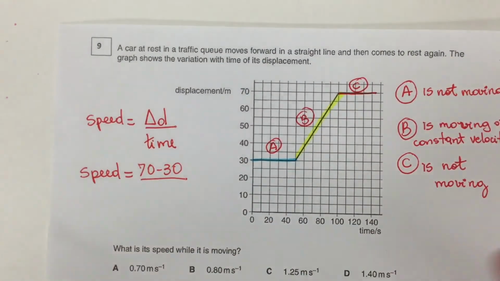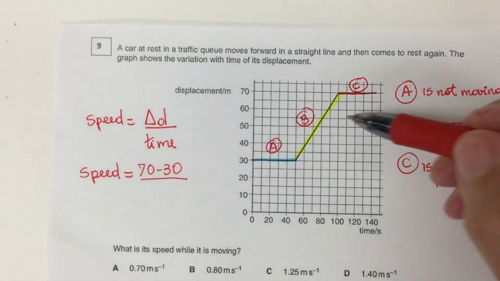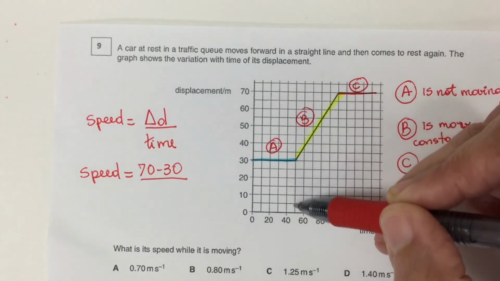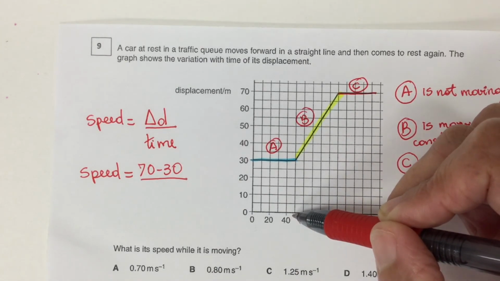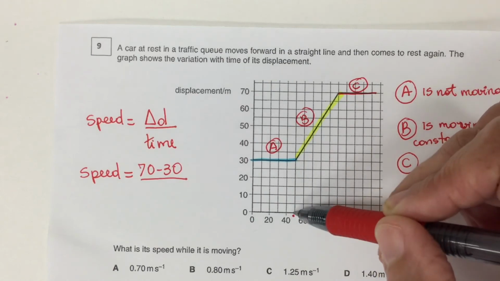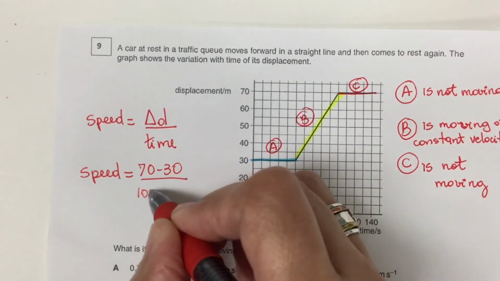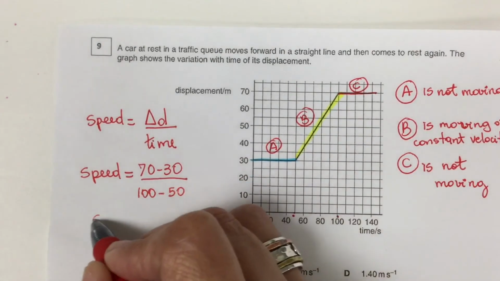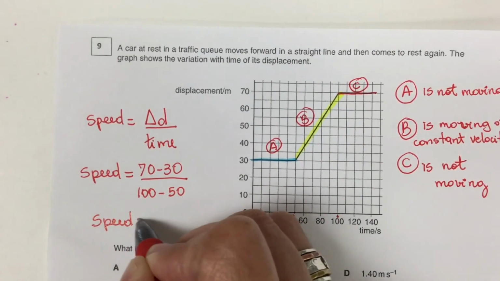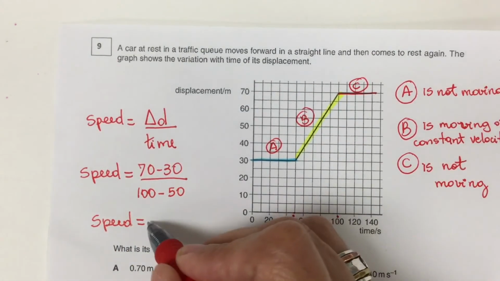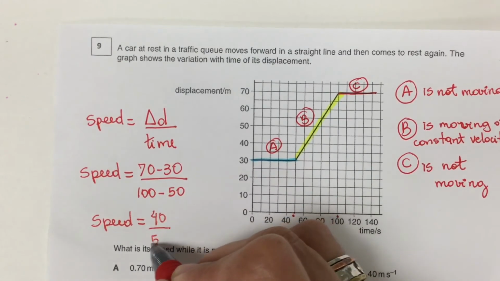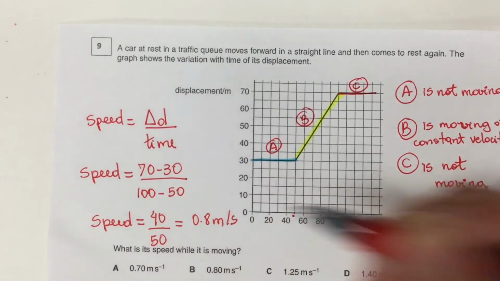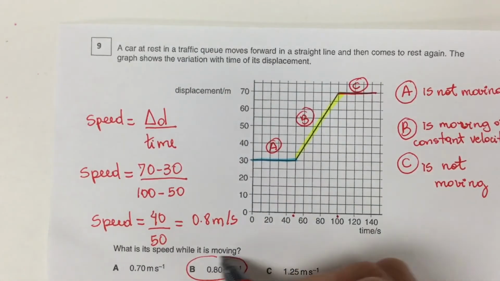Change means the final minus initial all the time. And what is the corresponding time? This is 100 and this is 50, right? So 100 minus 50. So the speed here is 40 over 50, so the speed is 0.8 meters per second. And we have an answer, which is B.